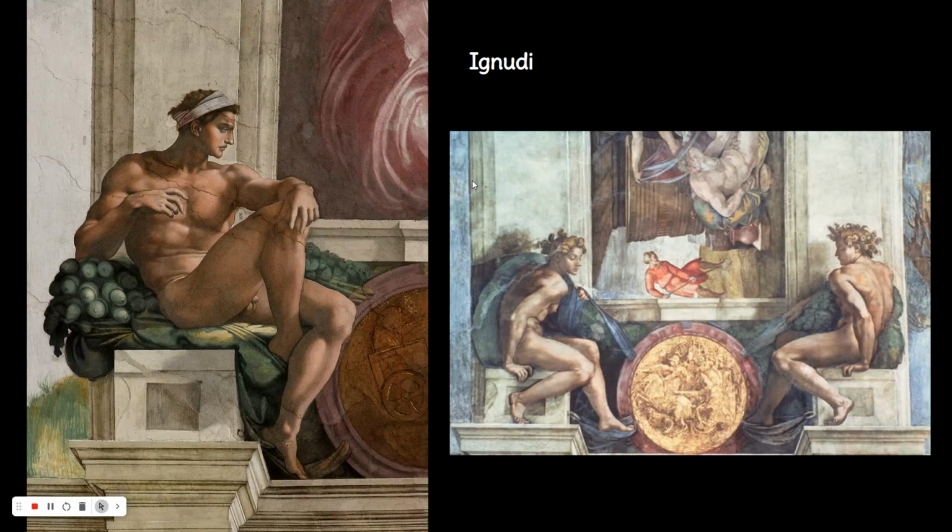Again, it's sort of interesting that this is a religious structure, the Sistine Chapel, and the headquarters of the Catholic Church. But we have these idealized male nudes interspersed, which is a very Greek idea and really has nothing to do with Christianity. And they're seated in all of this classical architecture that Michelangelo has created.